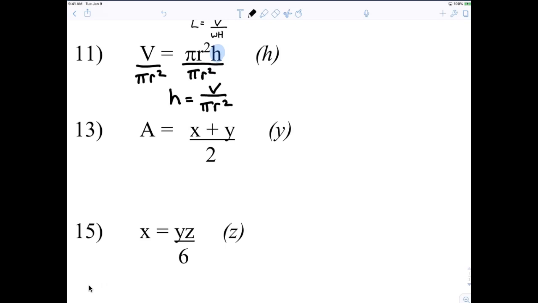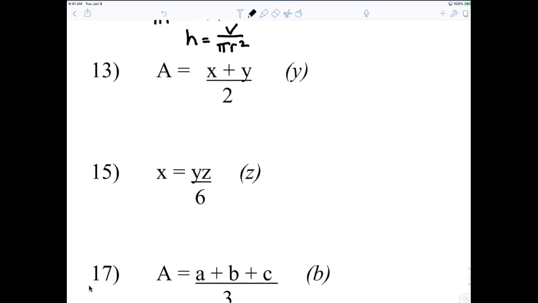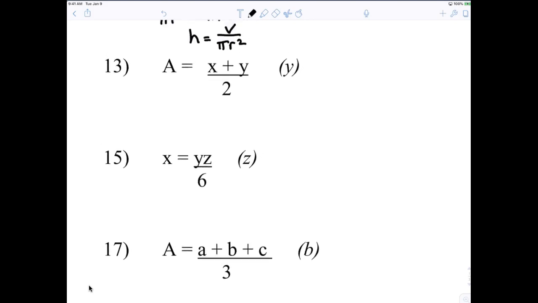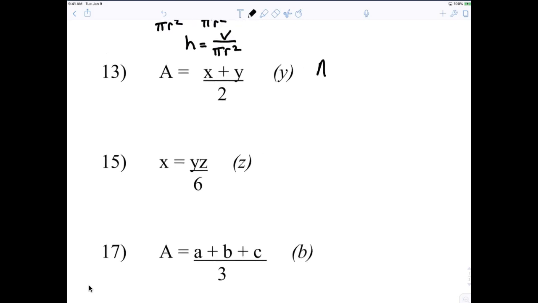Hubble, you're up. 13. What do I have to do on 13, please? Everybody write it down. I'll give you a second to write it down. Good job.